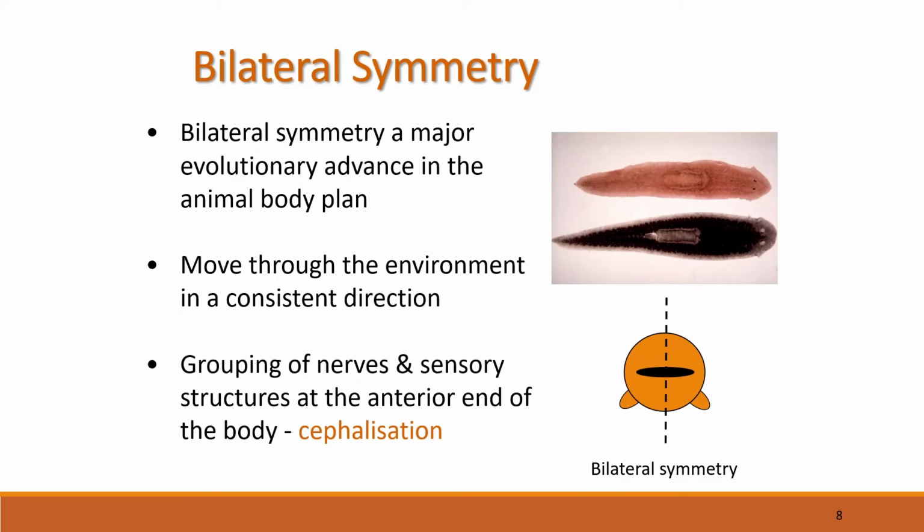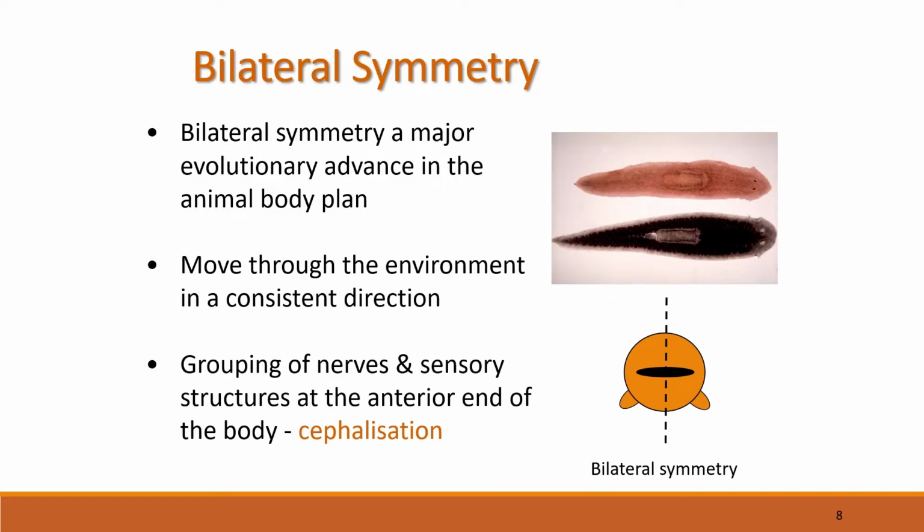So bilateral symmetry occurred early on in the evolution of animals, and it's important as it allows creatures to move through their environment in a consistent direction, as you now have a front and a back alongside a top and a bottom.